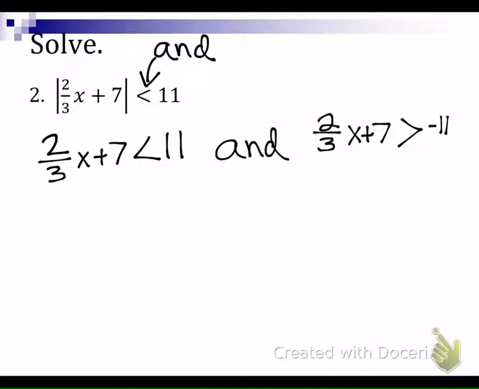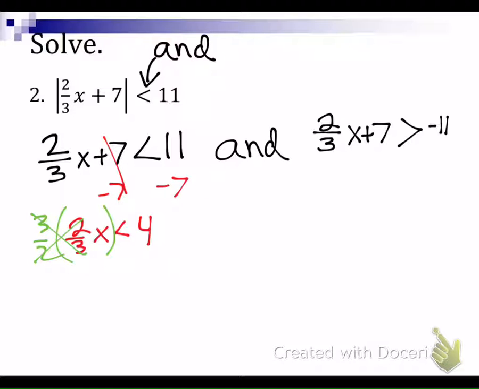All right, solve these separately. So minus 7. 2/3 x is less than 4. And then we have to multiply by the reciprocal. So 3 over 2. Gone. 3 over 2. x is less than, you are correct, 6.